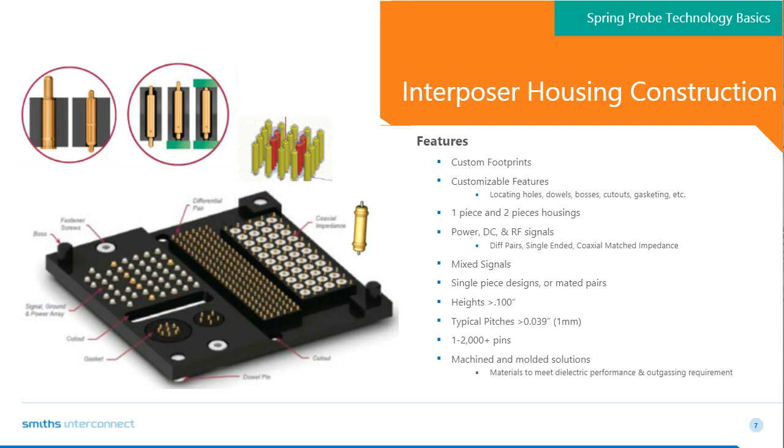Some of the things that can be incorporated easily into the interposer design are the adoption of dowel pins, bosses, anywhere to help with alignment purposes. We have the ability to incorporate additional through holes, hardware, things of that sort for securing or mounting the interposer into your design.